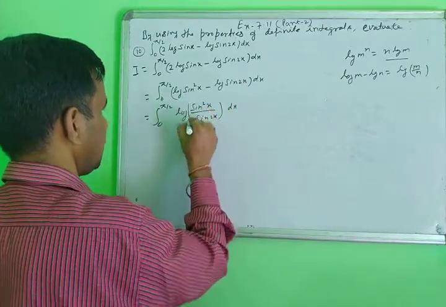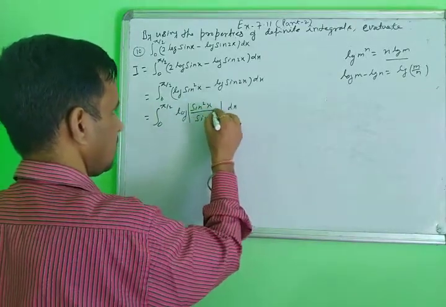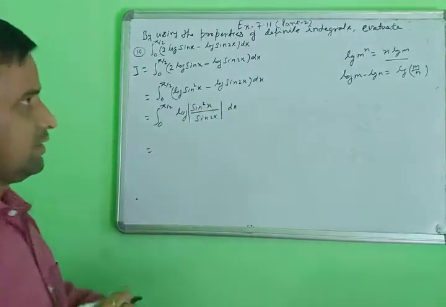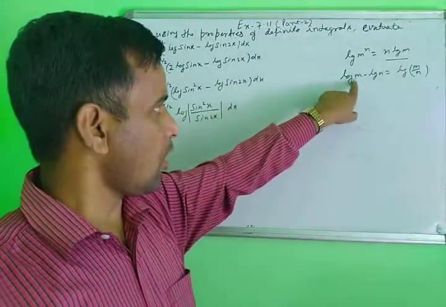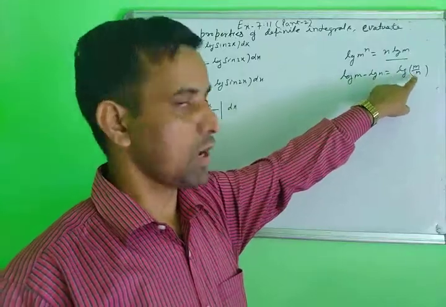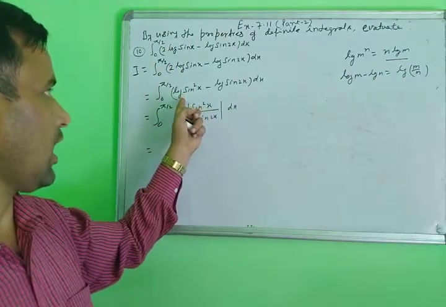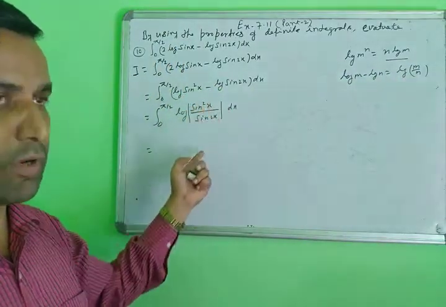Otherwise you can take a mod sign. According to this property, log m minus log n is log m upon n.